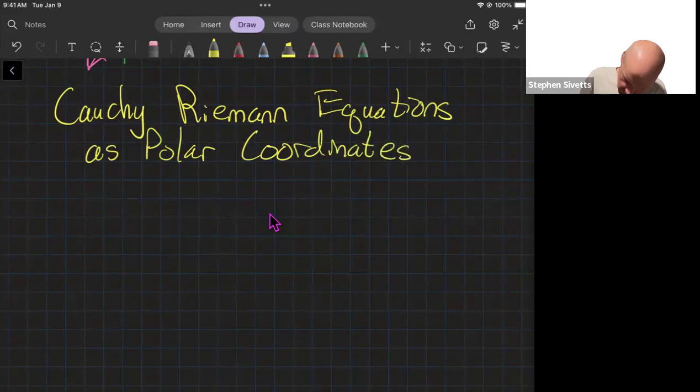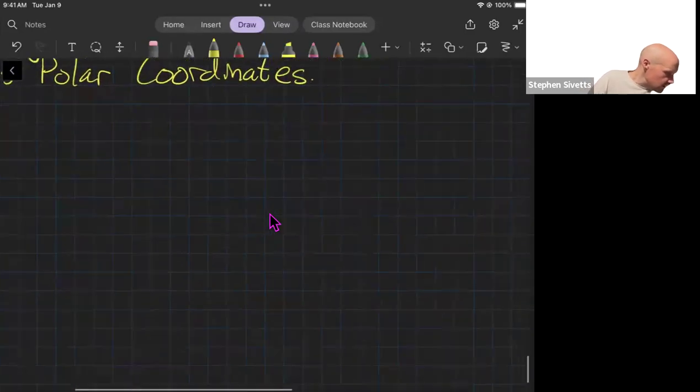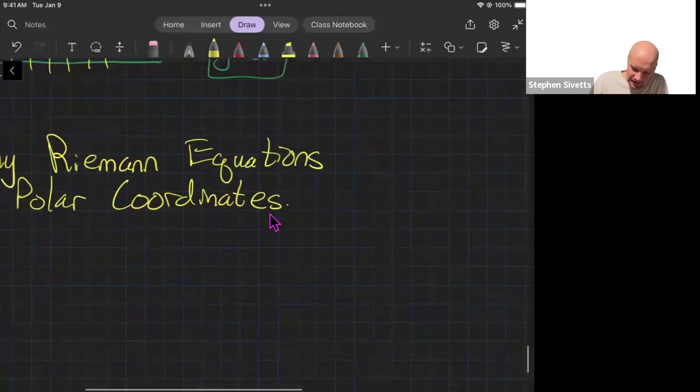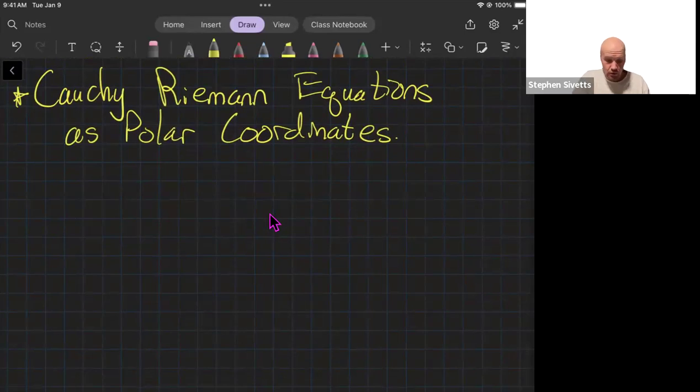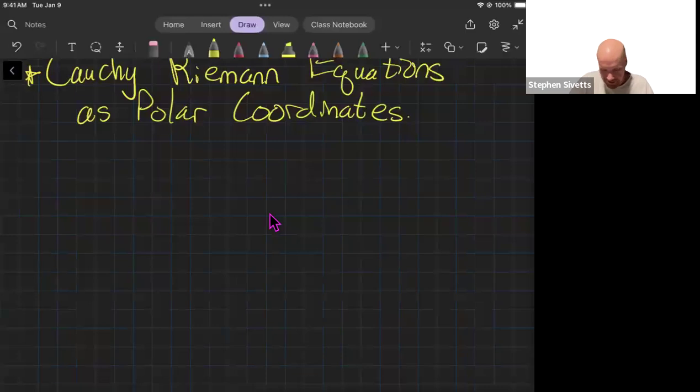But before I do that, actually, I'll just go over the equations in polar form, and there's one more fact I have to go over. And then I'll leave you to do your homework.